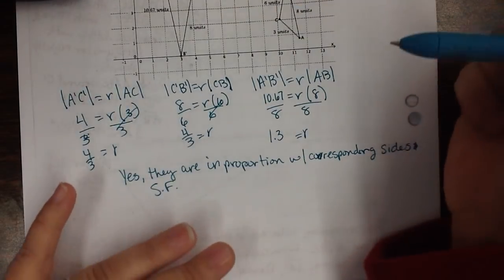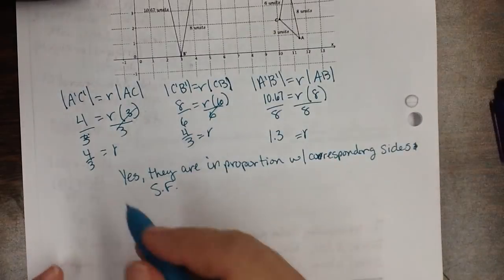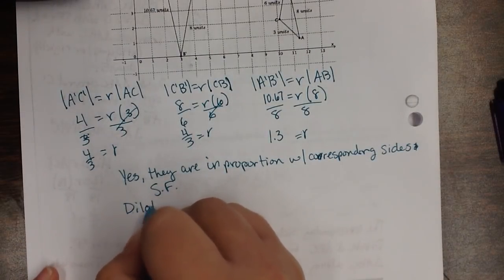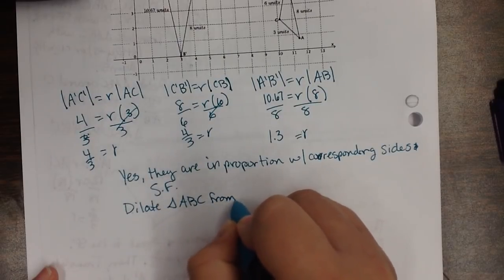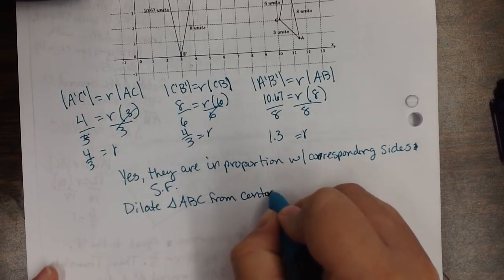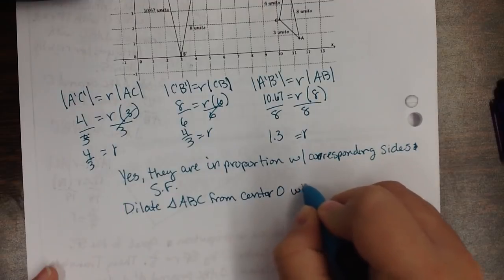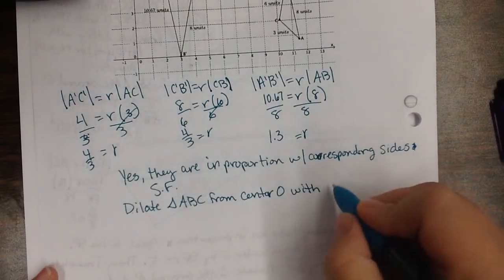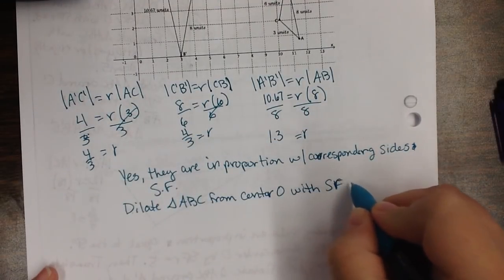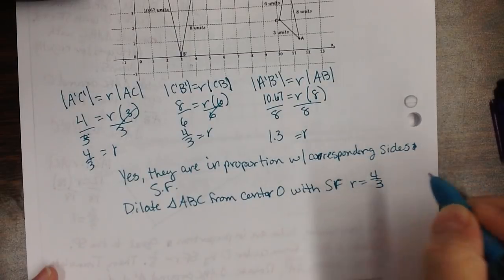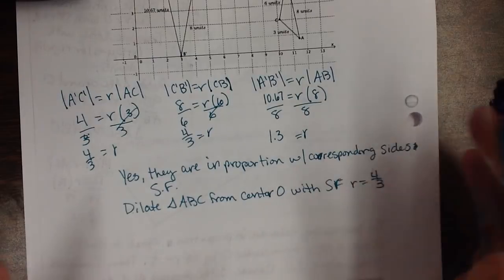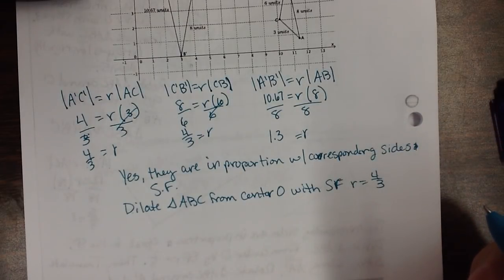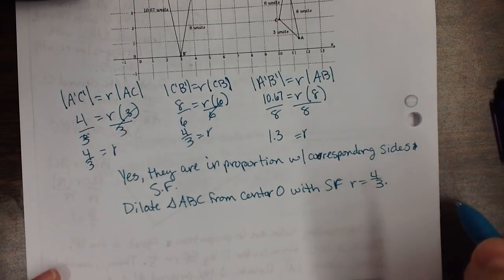So of course you're going to do your dilation first. So we're going to dilate triangle ABC from center O with the scale factor we found. Scale factor R equals 4/3. Okay, and it's going to make it bigger.